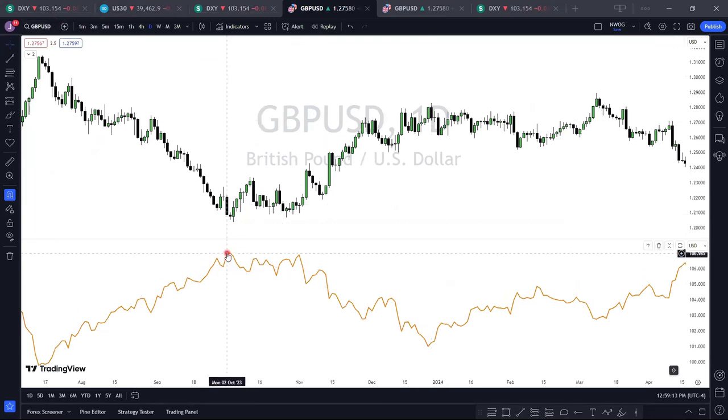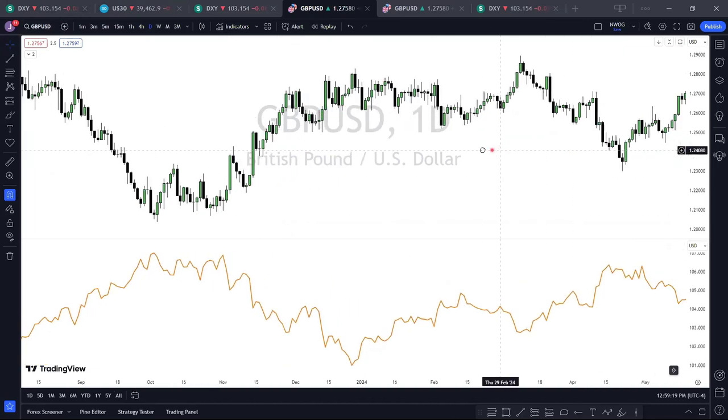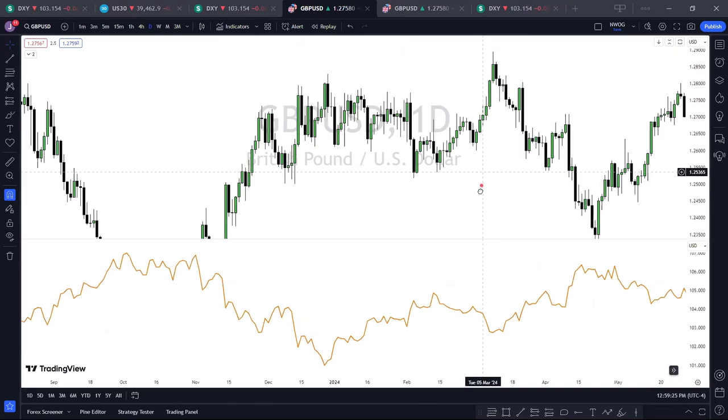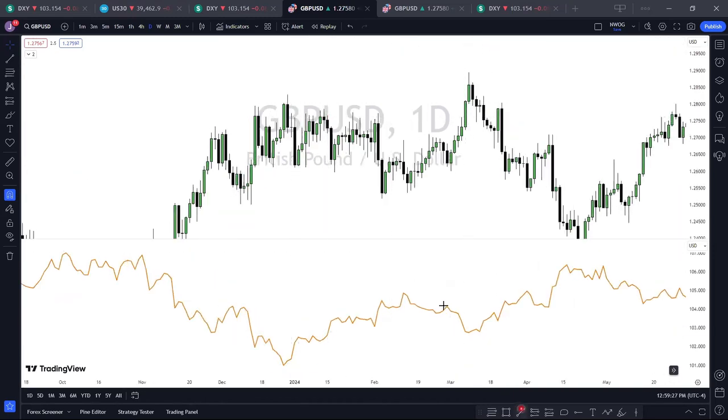So you can see how the dollar index moves in tandem with the British pound. You can see it made a higher high here, and then a lower low. British pound made a lower low and a higher high. And then you can see how price moves together. But then there's a divergence here. Look at this high. From this point here, you can see. Look down here. Look at this point here. This is the 28th of December 2023.